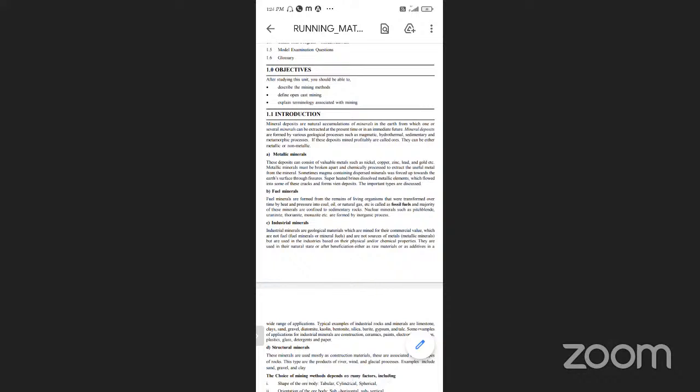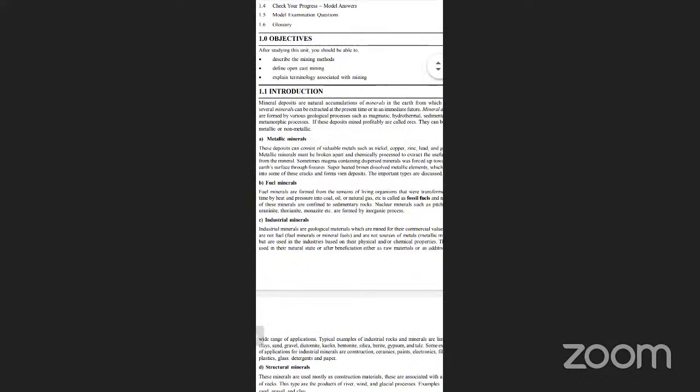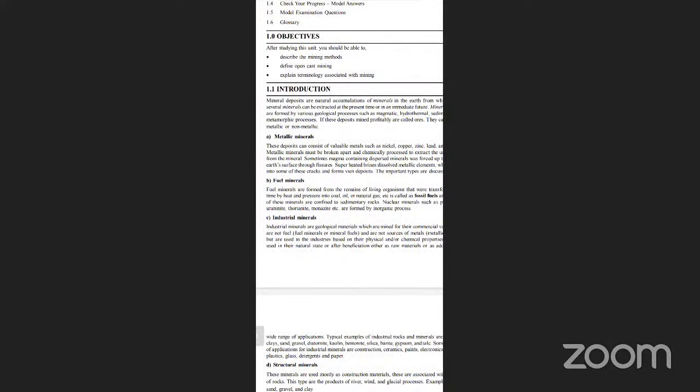So the ore minerals are the minerals from which we can extract one or more metals or non-metals along with the gangue. It's an aggregate of minerals associated with the gangue minerals, which are called ore minerals. So what is metallic mineral? Let us see what metallic minerals are.